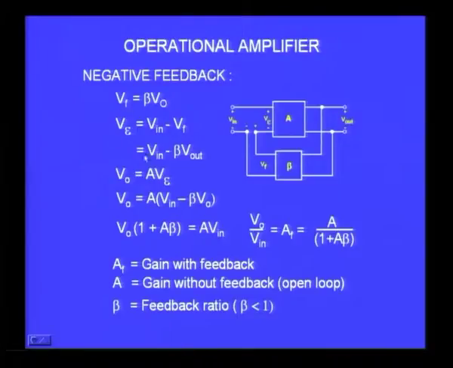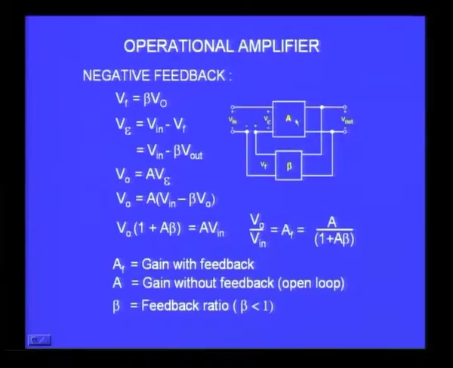If you recall, we derived an expression for the gain with negative feedback, V output by V input. The negative feedback is inside the amplifier, and that new gain I call AF, which is the gain with feedback.